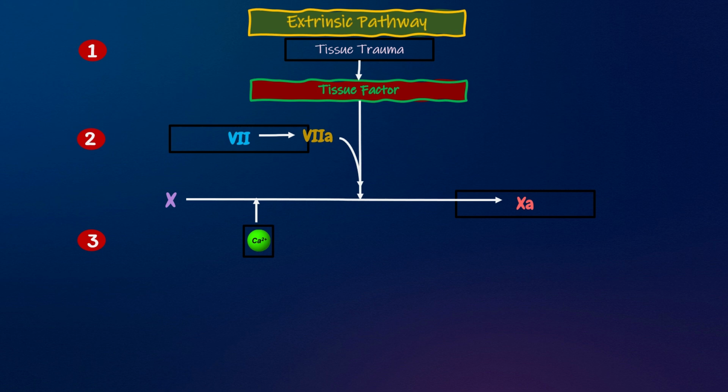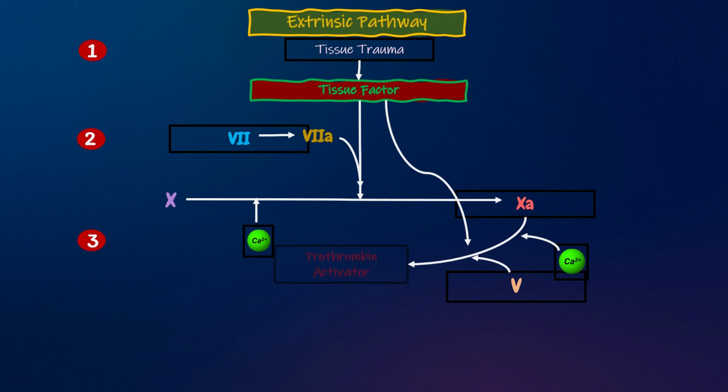And third step is the effect of activated factor 10 to form prothrombin activator, and the role of factor 5. The activated factor 10 combines immediately with tissue phospholipids that are part of tissue factors, or with additional phospholipids released from platelets, as well as with factor 5, to form the complex called prothrombin activator.